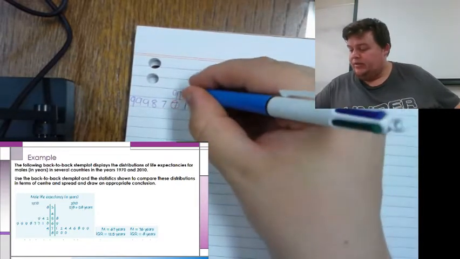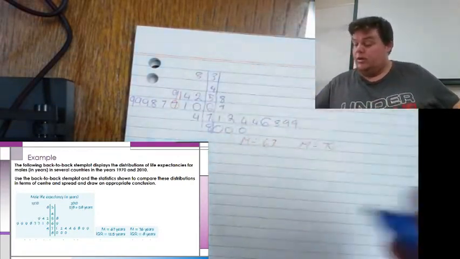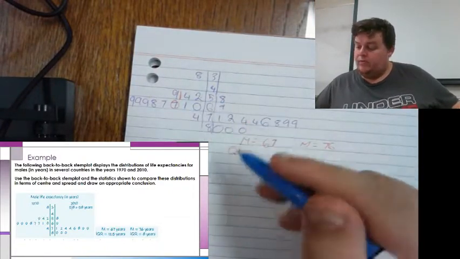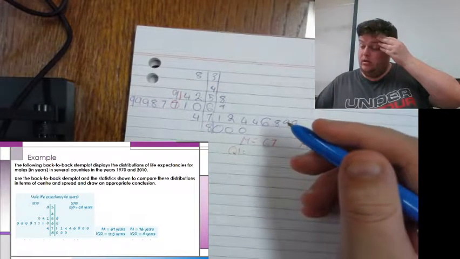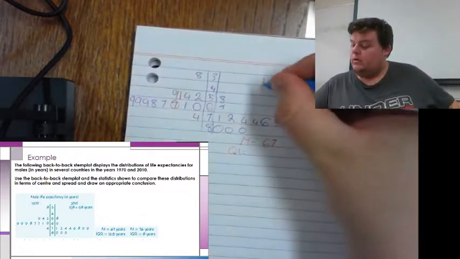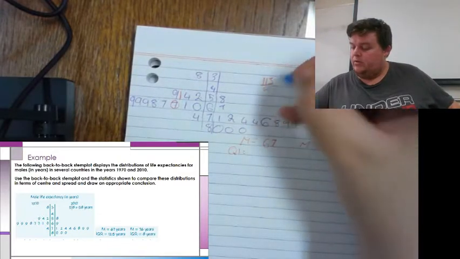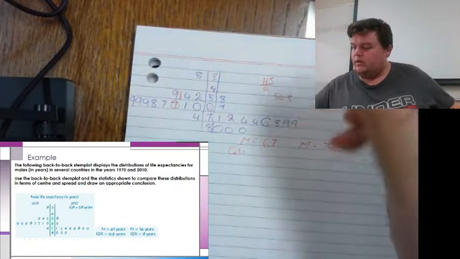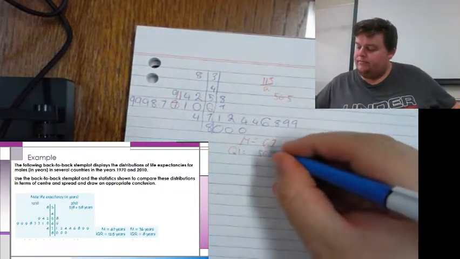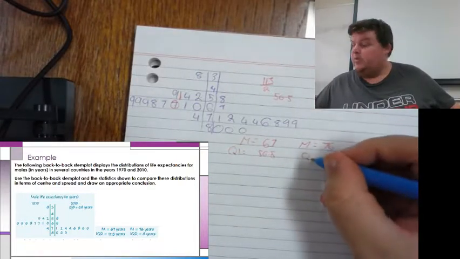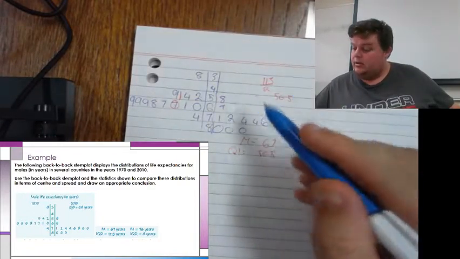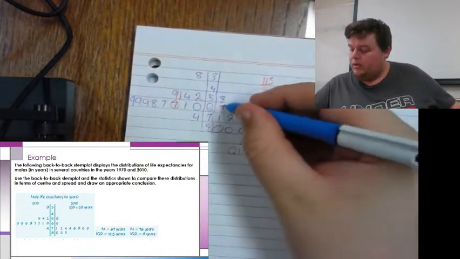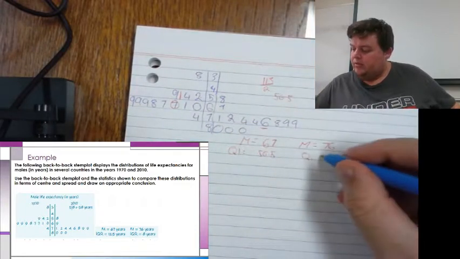It's halfway between these two, 54 and 59, which is 113 divided by 2, which is 56.5. And for the other one, my median was 76, so between those two is 71.5.